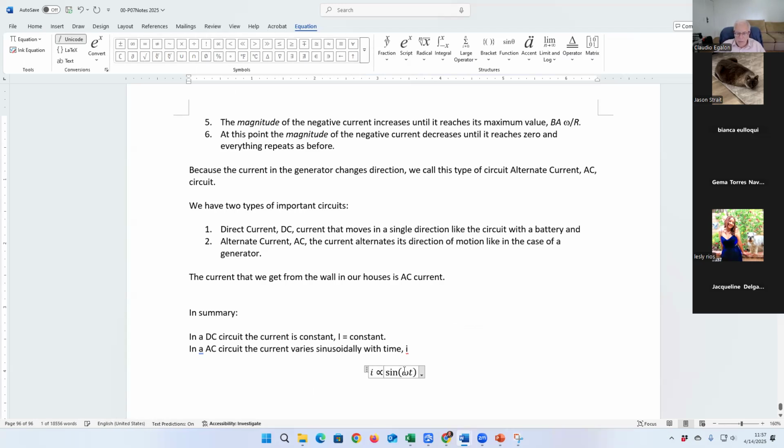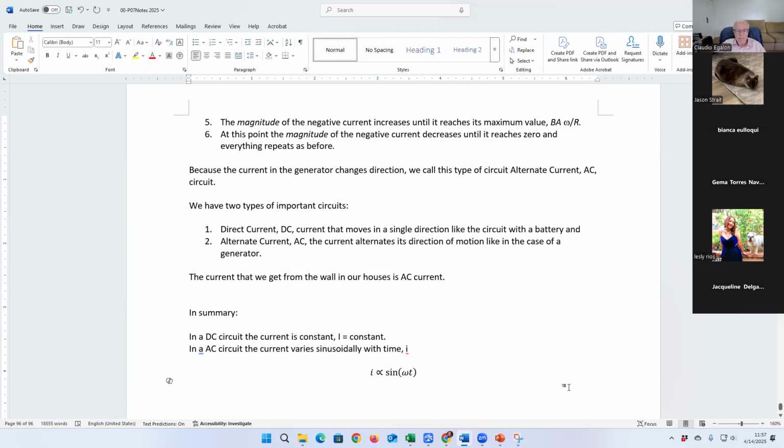Capital I denotes DC current. Lowercase i denotes AC current.